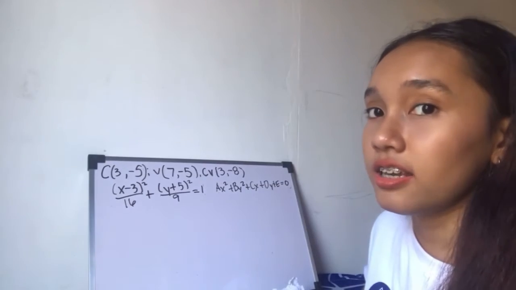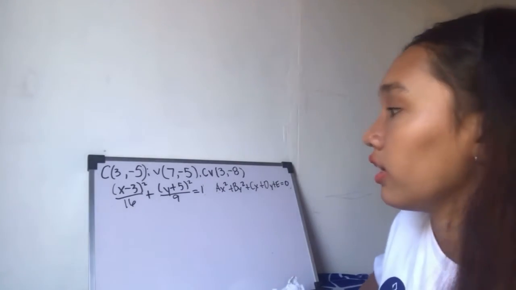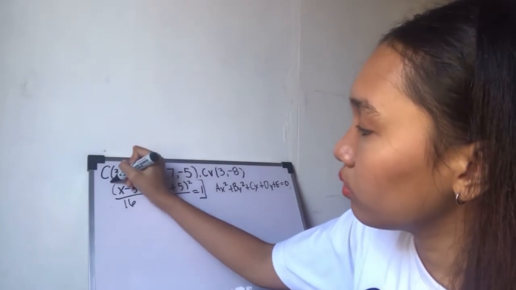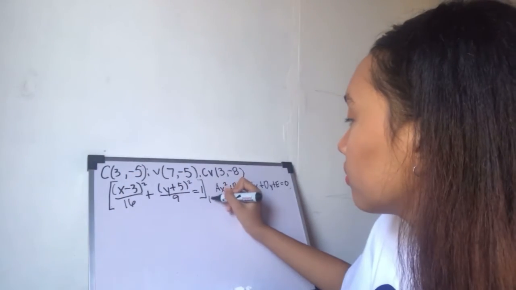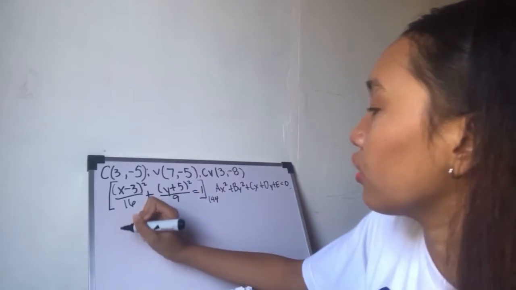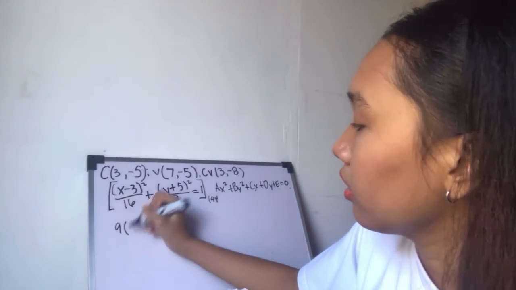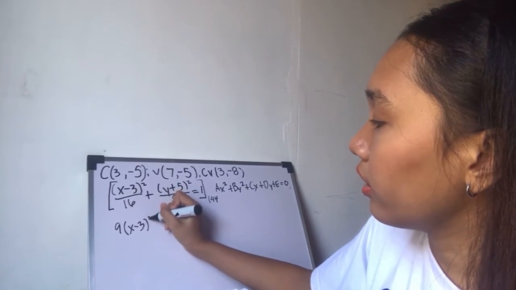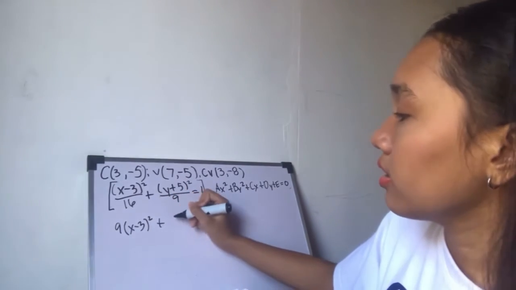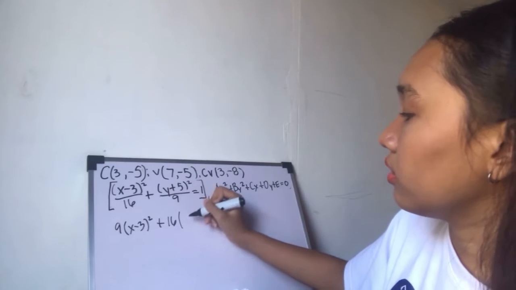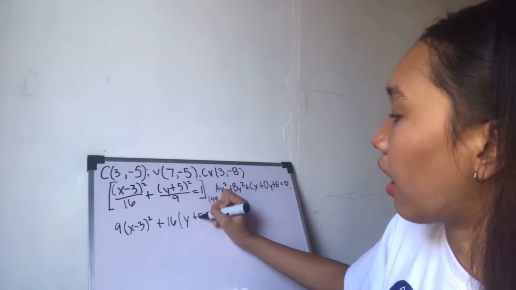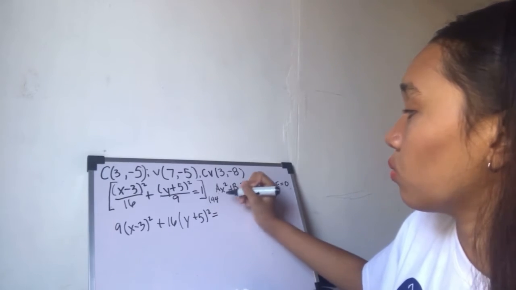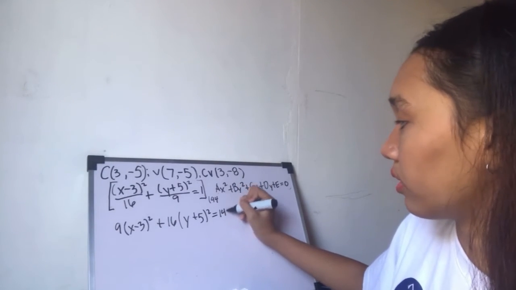The LCD is 144. Now we are going to multiply the equation by 144. The answer will be 9 times (x minus 3) squared plus 16 times (y plus 5) squared is equal to 144.